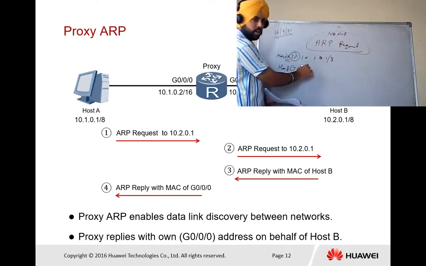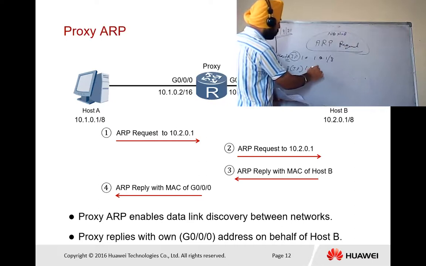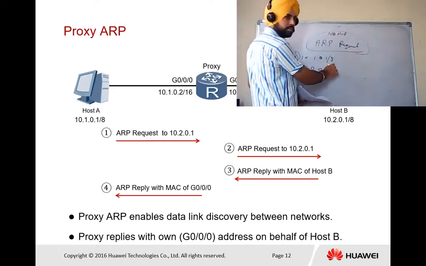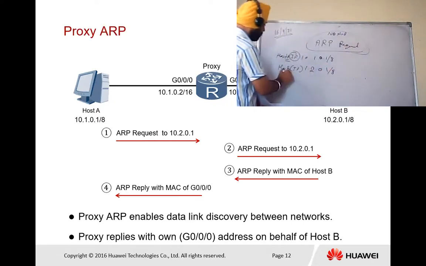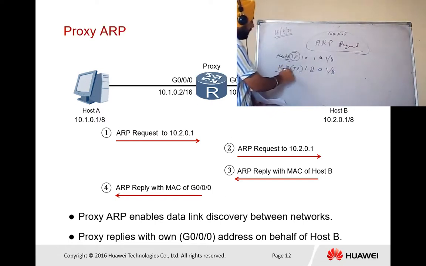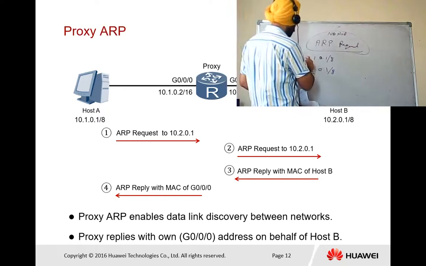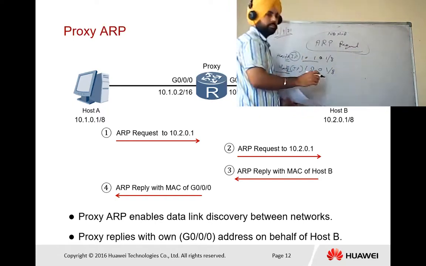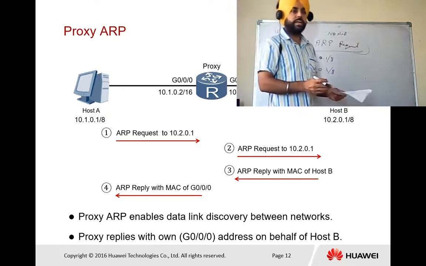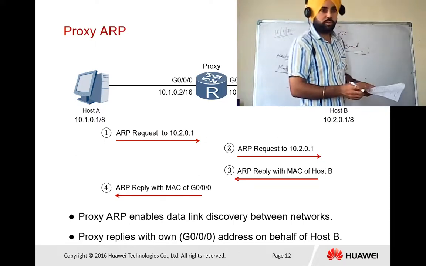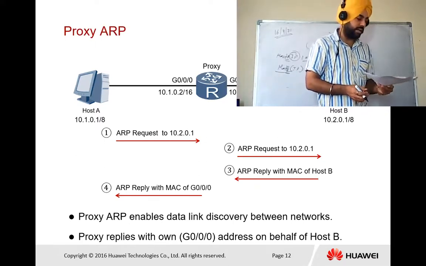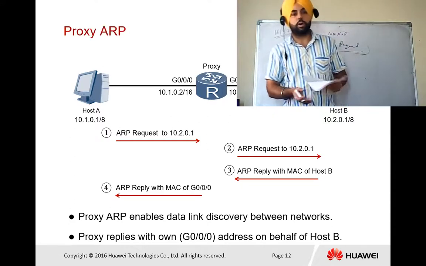Its IP address is 1.2.0.1/8. So see, they belong to different networks. That is why we need one proxy server, or we can say one gateway address, for communication.